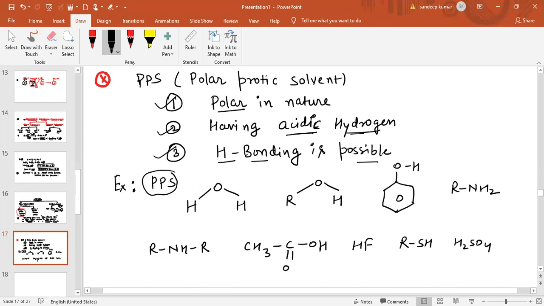As we can see, these are all polar in nature, because polar means the dipole moment of all these compounds is non-zero.